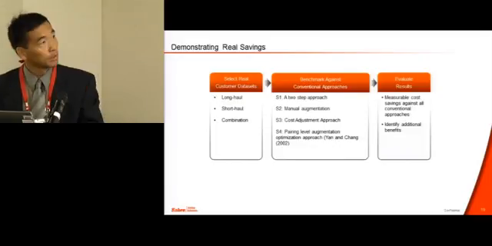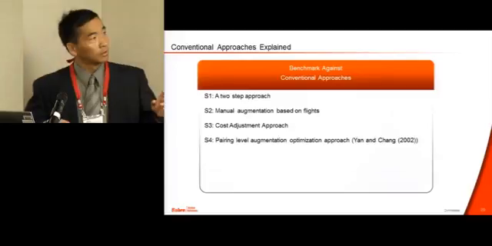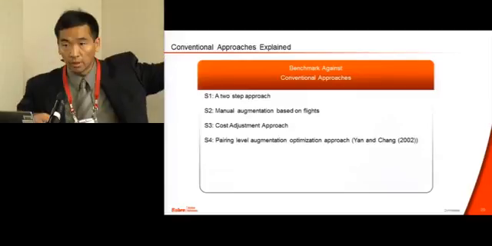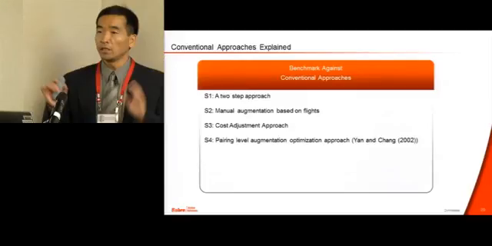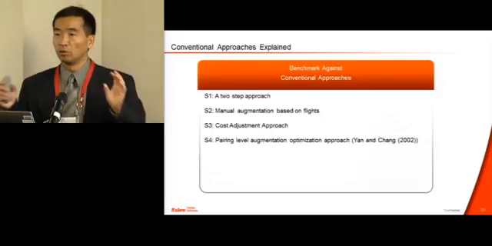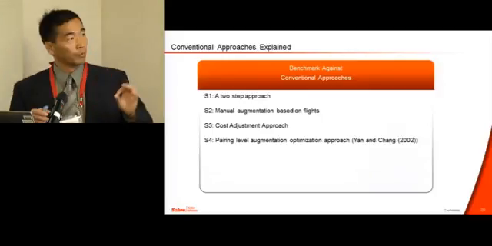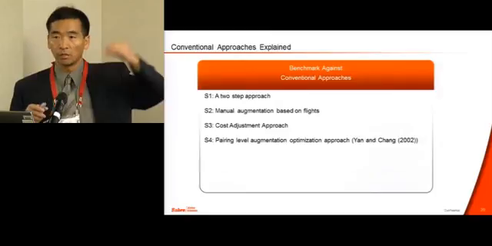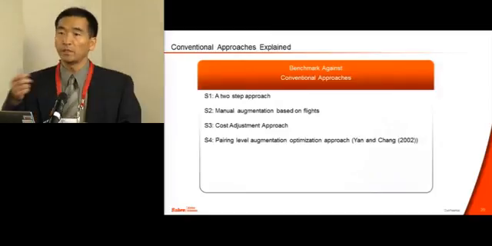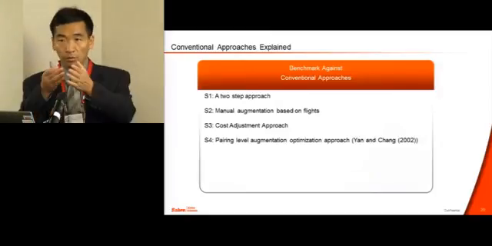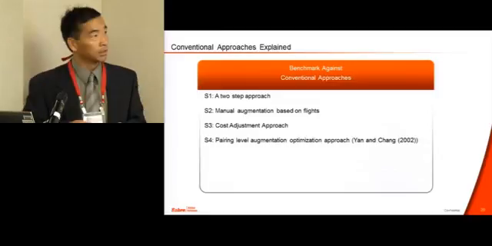The approaches we benchmark against are as follows. The first approach is a naive approach, where it first ignores augmentation requirements. And then, after you solve a basic crew pairing problem, you augment the solution as needed for the pairings in the solution from the first step.